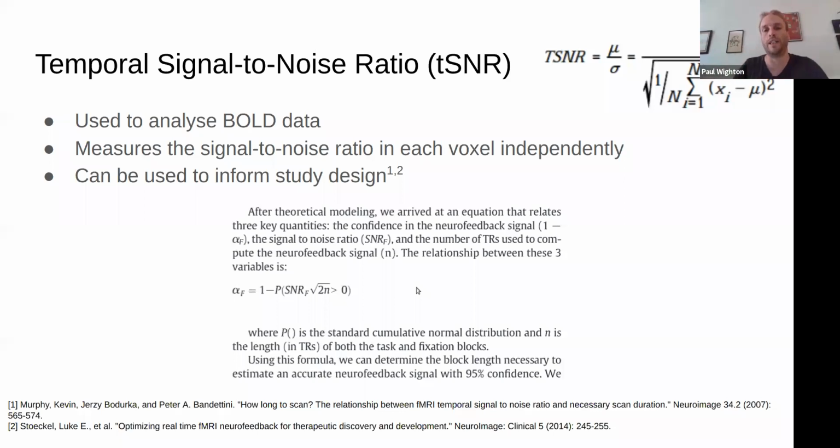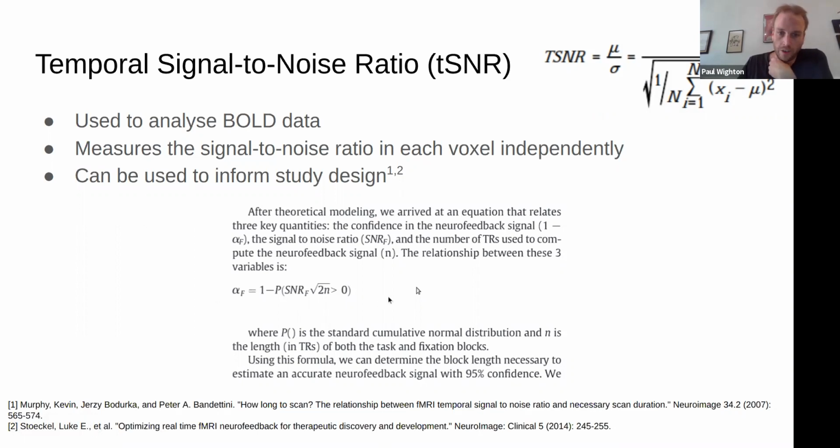But what's really nice about TSNR, and there's a couple papers here, is it can really help you inform your fMRI study design, right? It's really related to the GLM and what kind of signals you would be able to find, right?